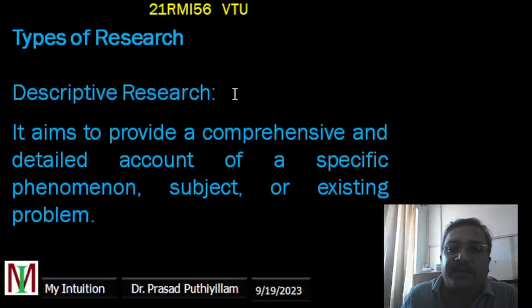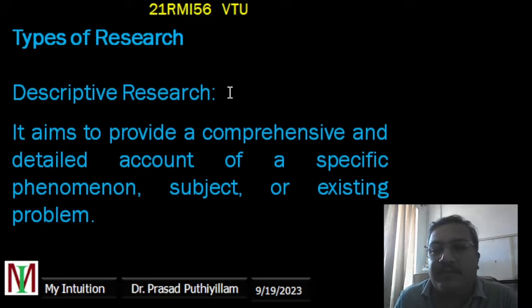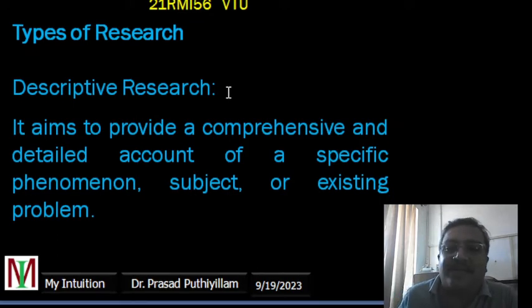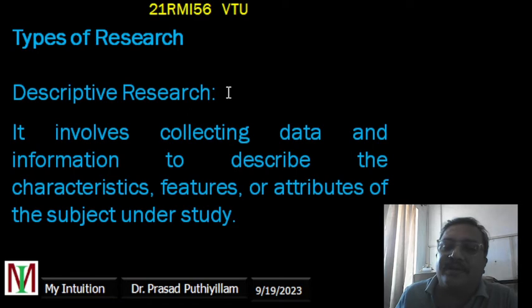And descriptive research aims to provide a comprehensive and detailed account of a specific phenomenon, subject, or existing problem. No need to memorize the definition, as I never force a student to memorize a definition.